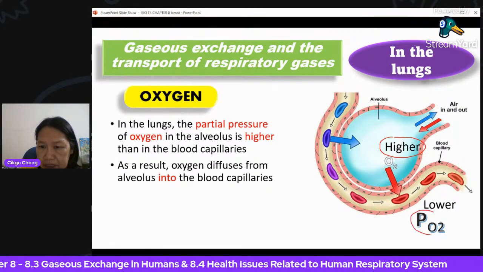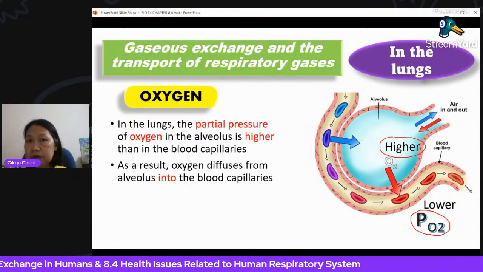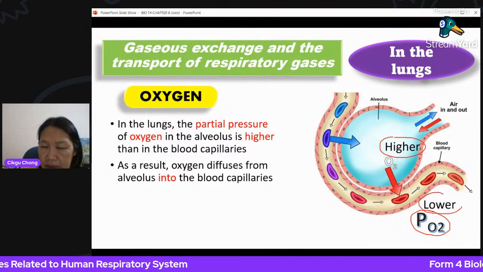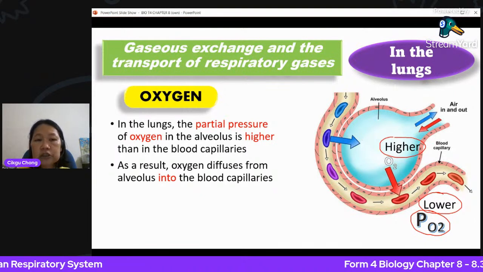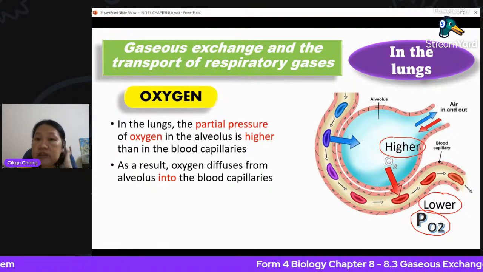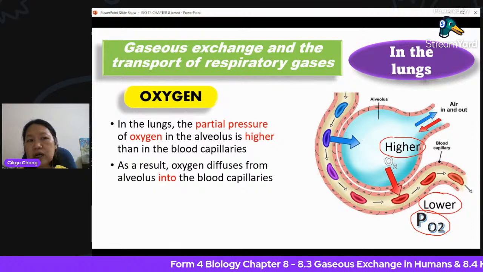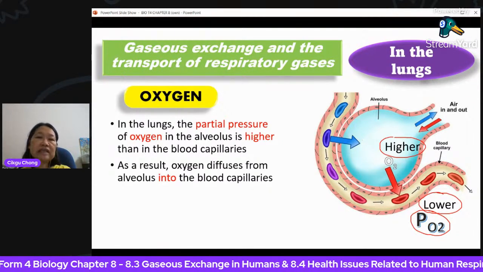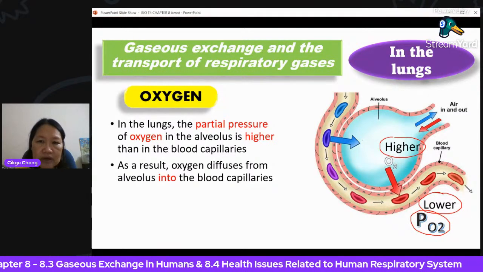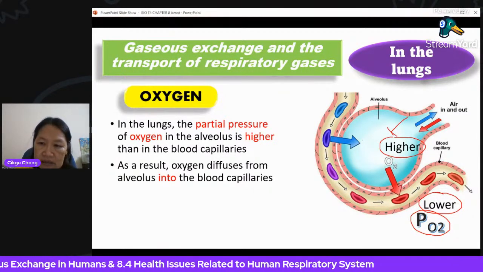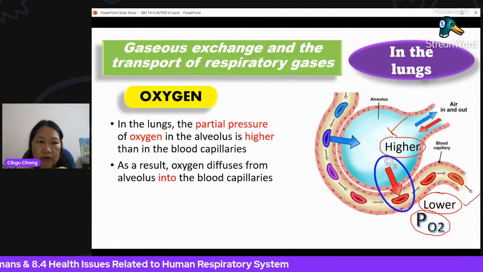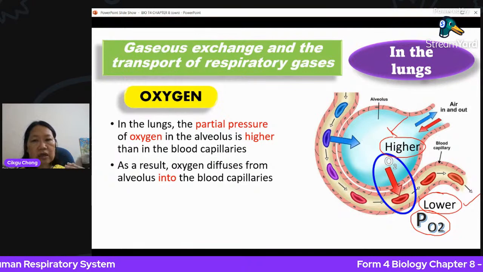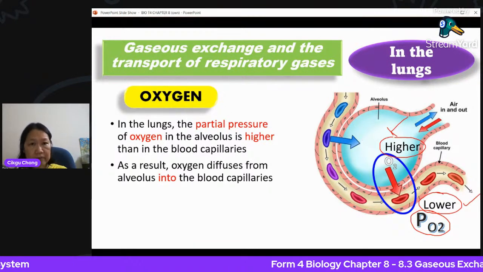PO2 is the symbol for partial pressure of oxygen, capital P and O2. Here in the blood capillary it will be lower. As a result, because diffusion always goes from higher to lower, oxygen diffuses from the alveolus into the blood capillaries and not the other way around, because this side is higher and this side is lower. That's how you explain why oxygen goes from the alveolus into the blood capillary.